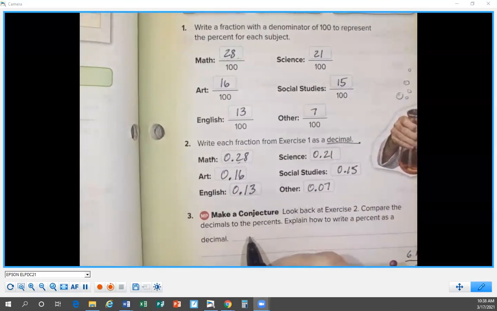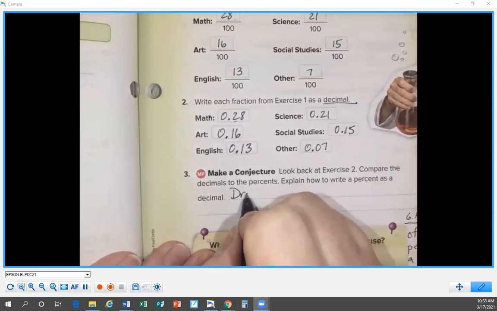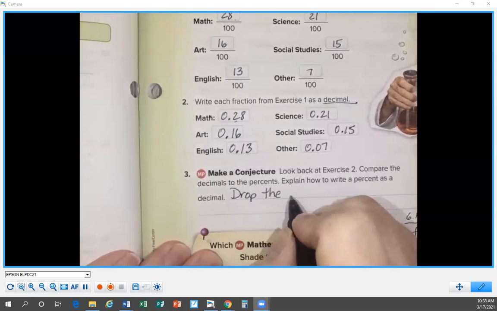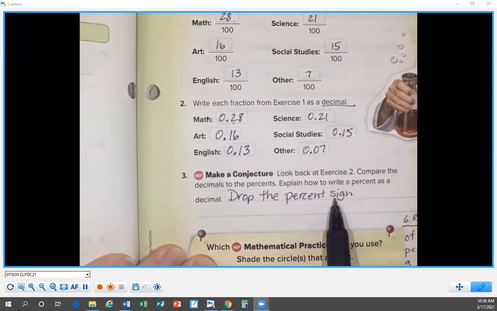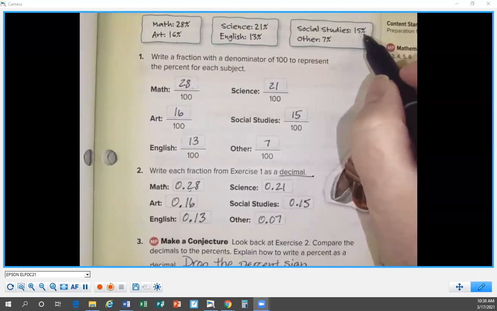So we will drop the percent sign, which means per 100. But if I drop the per 100, which means divide by 100, I have to make sure I actually do divide by 100.